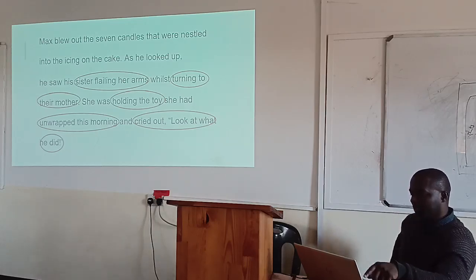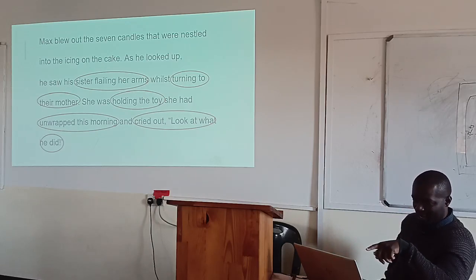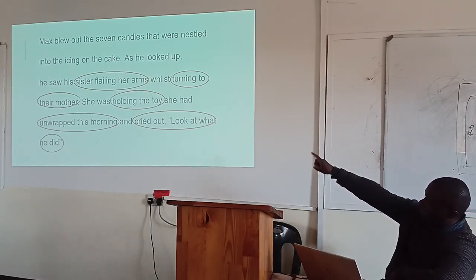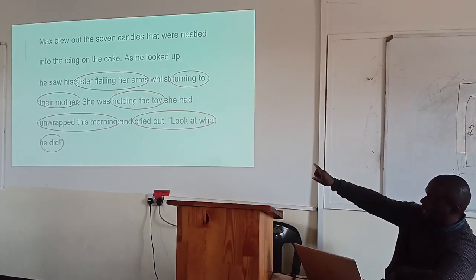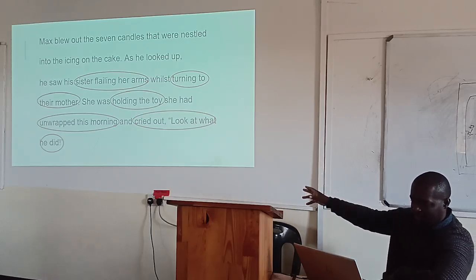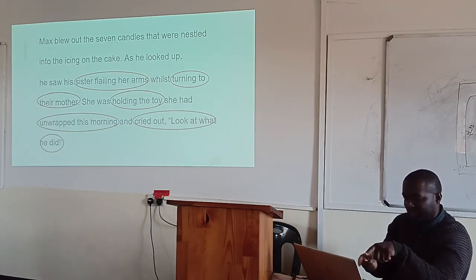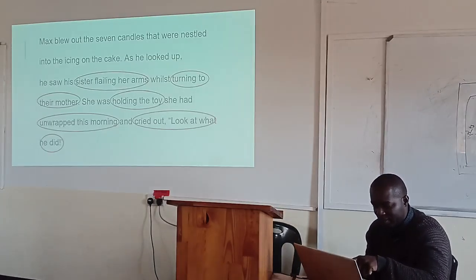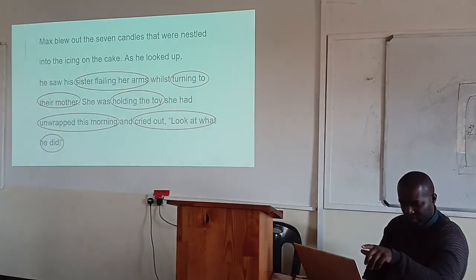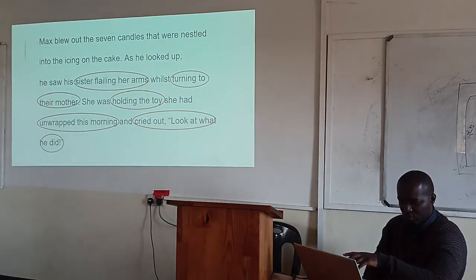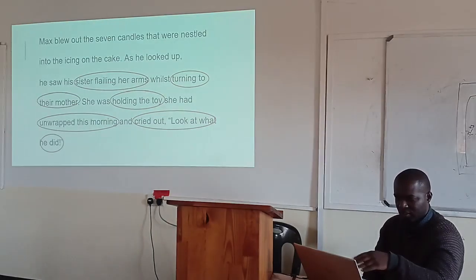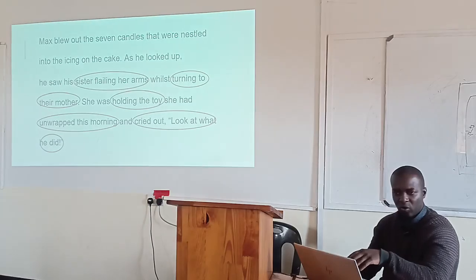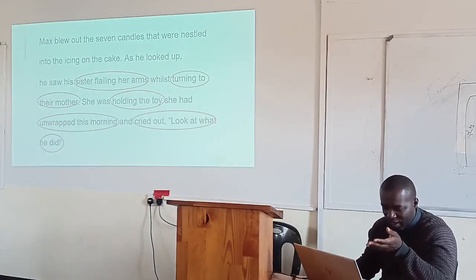But for you to make an inference for the whole package now, you have to read the other sentences and highlight the key ideas you are seeing. In the next sentence, one of the key ideas is the sister flailing her arms, then returning to their mother, holding the toy, and another unwrapped this ball.